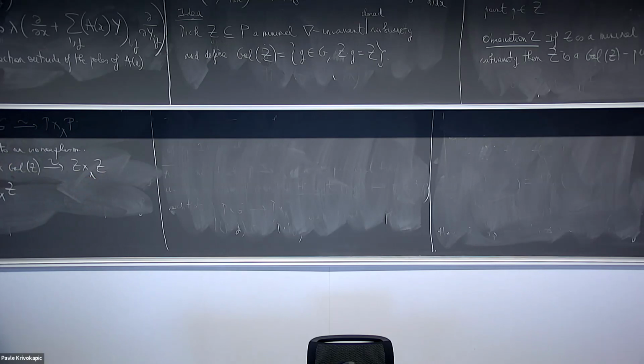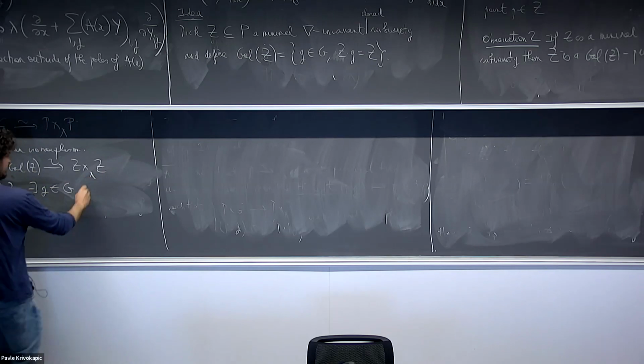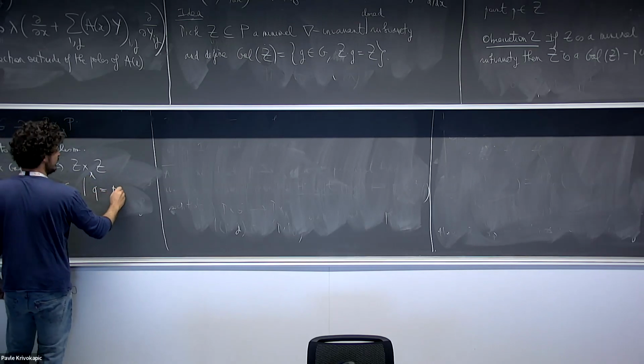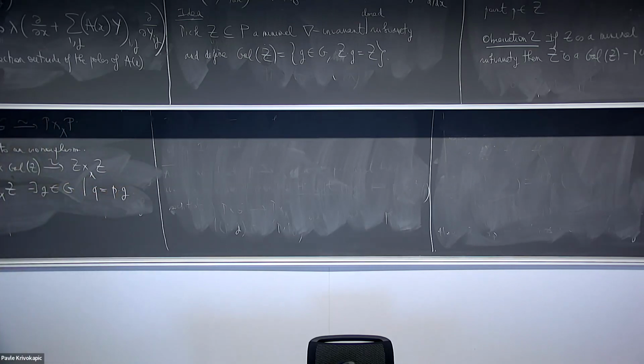We want to show that this is an isomorphism. So what are we going to do? We know that there exists g in G such that Q is equal to P·g. But now you see that Zg intersected with Z is non-empty.